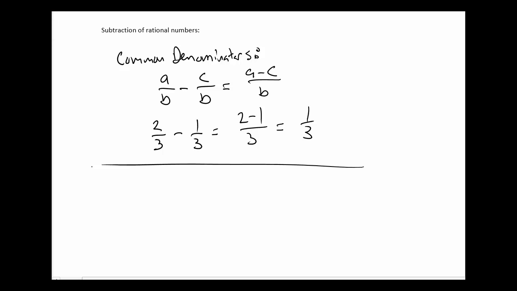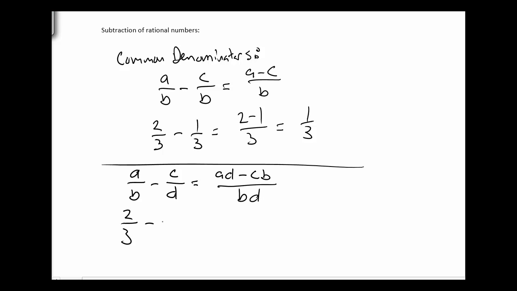Then we want to look at not having a common denominator. So let's say a over b minus c over d. It goes back to that same rule we saw with addition: it's a times d minus c times b all over the product bd.